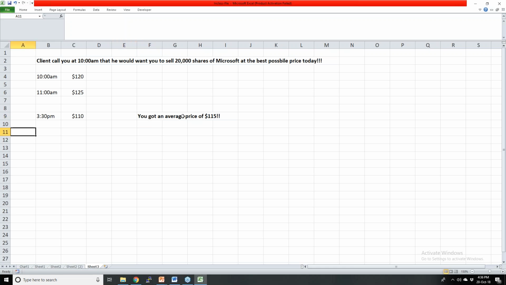Now, one way to compare if the price was good or bad is VWAP. Now, what is this VWAP? It's a very simple concept, volume weighted average price. What is that?